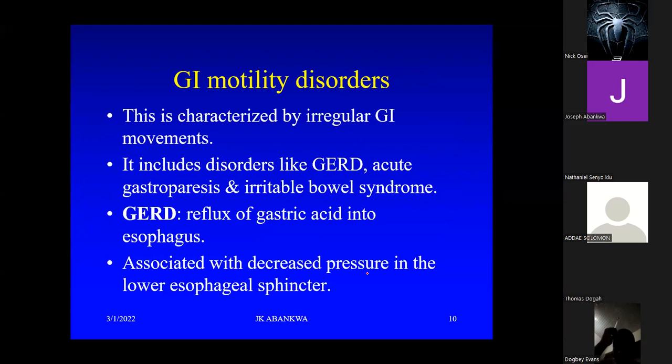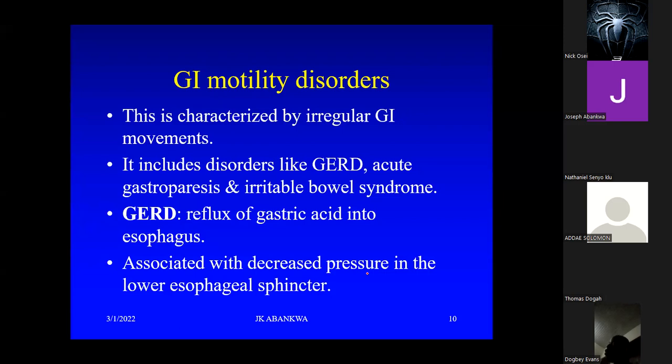So as earlier, I spoke about GERD, and it can be considered under the GI motility disorders. The GI motility disorder is characterized by irregular gastrointestinal movements, and for GERD, I've already described it as a reflux or the backflow of gastric acid into the esophagus.